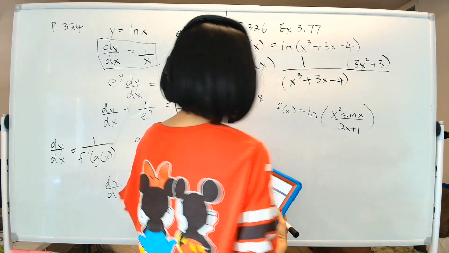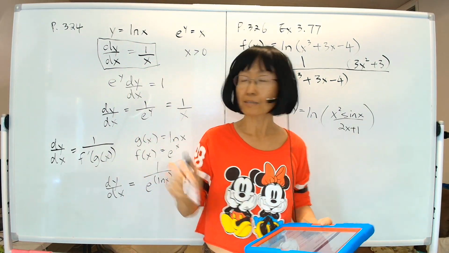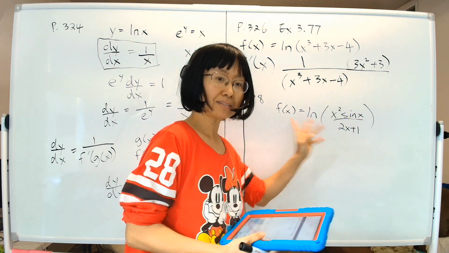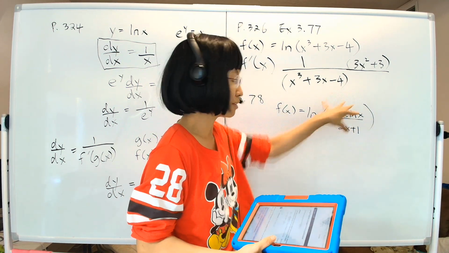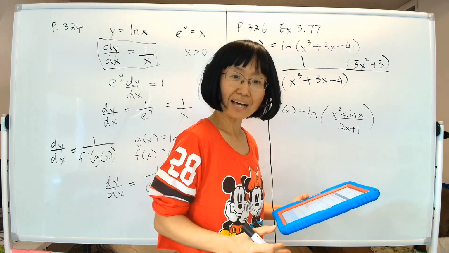So we again will apply this principle, but not forgetting that there's a pile of stuff in there. It's not just the natural log of x, it's a natural log of some complicated function of x. So again, we will apply the chain rule.